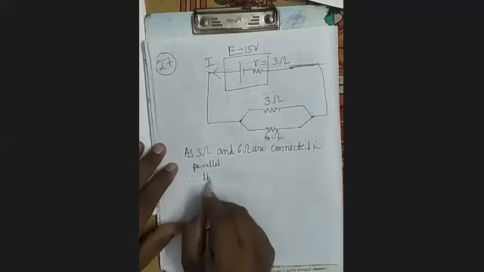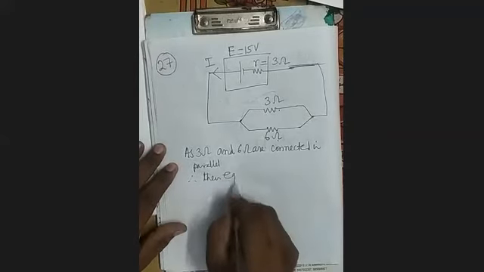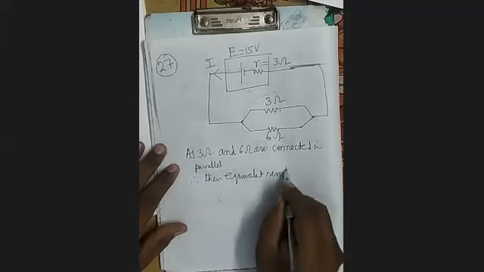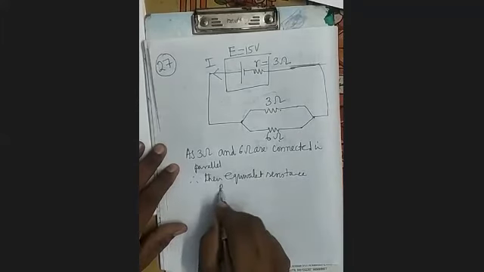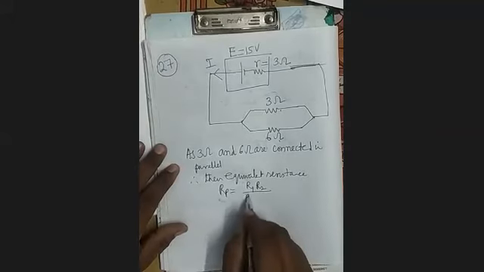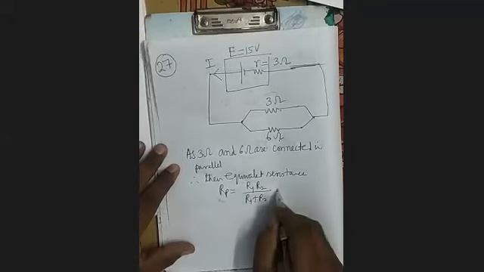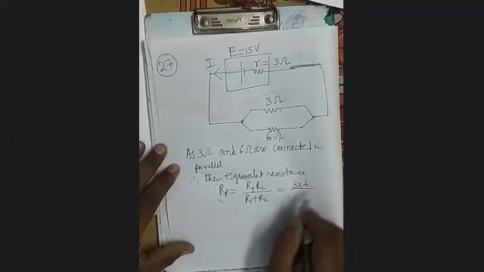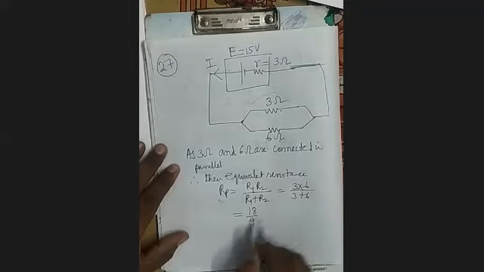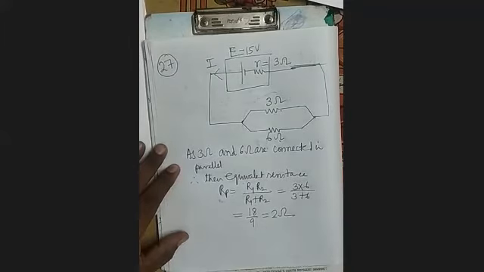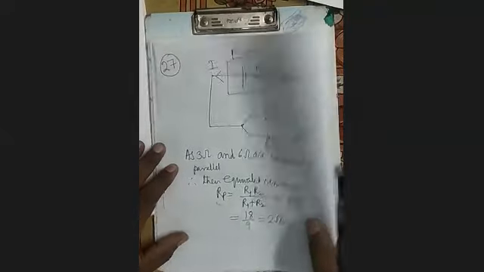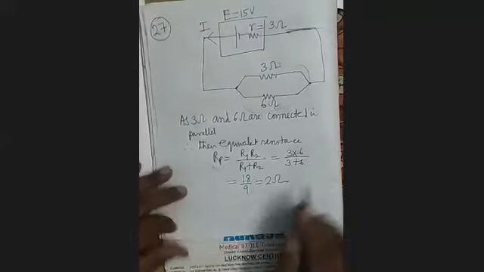Therefore, their equivalent resistance is R1 R2 upon R1 plus R2. That is 3 into 6 upon 3 plus 6. That is 18 upon 9, 2 ohm. It is 2 ohm. It's clear? This is the external resistance.